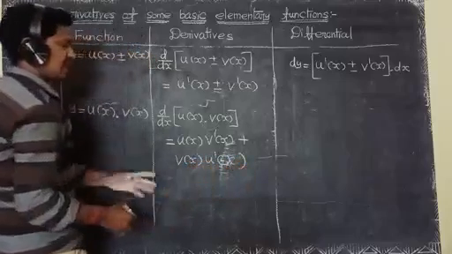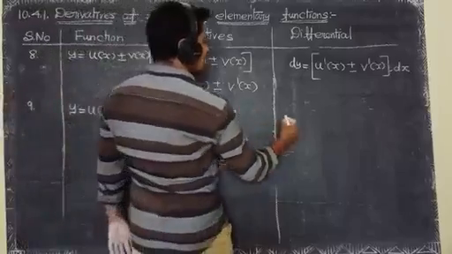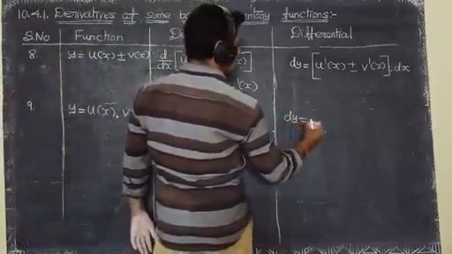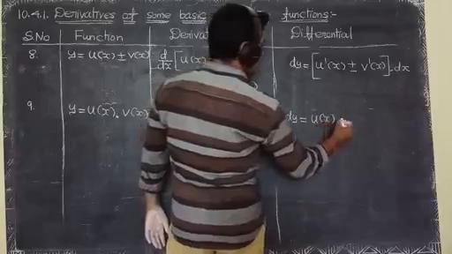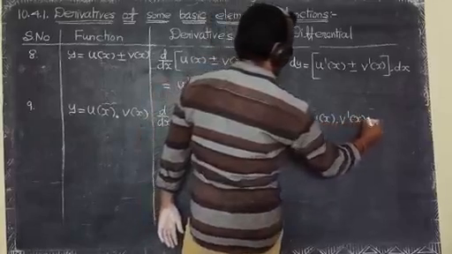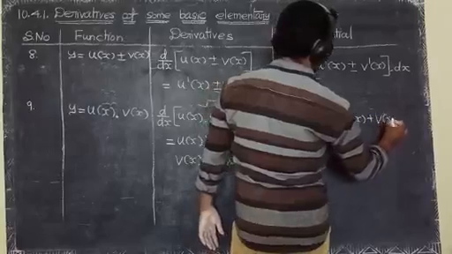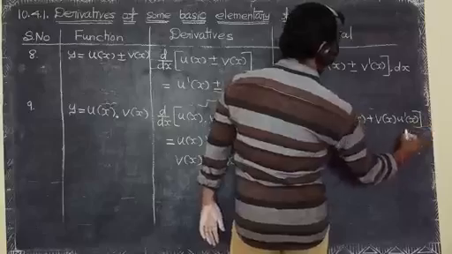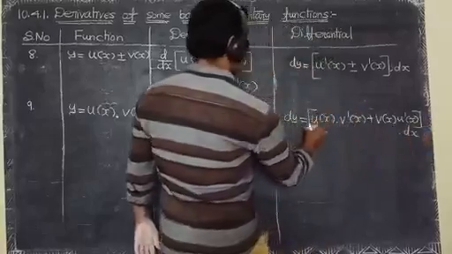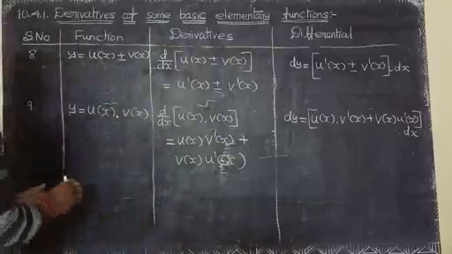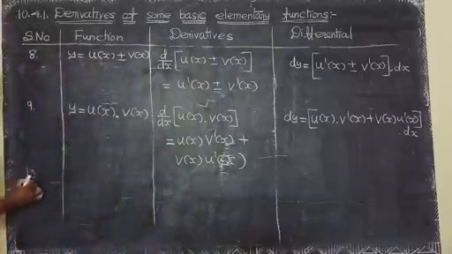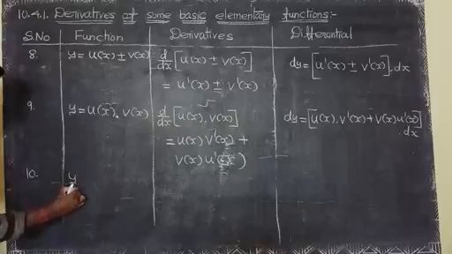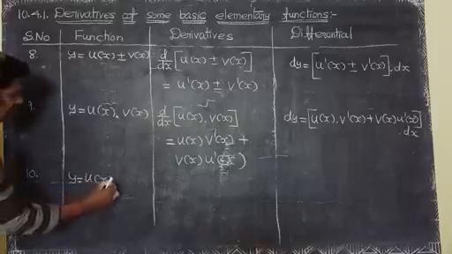Then the differential dy is equal to u of x into v dash of x plus v of x into u dash of x into dx.